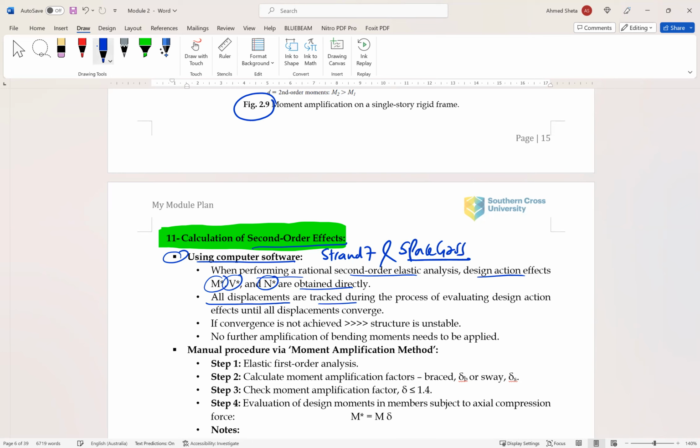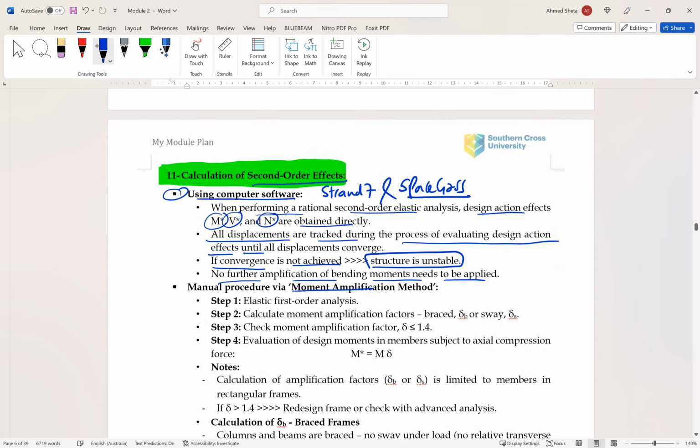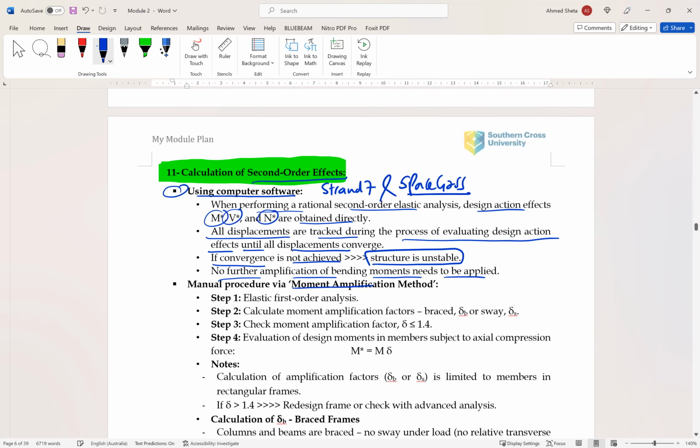All displacements are tracked during the process of evaluating design action effects until all displacements converge. If convergence is not achieved, the structure is unstable. No further amplification of bending moment needs to be applied. So this is how the method works.